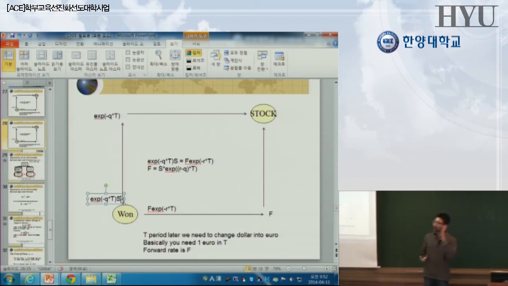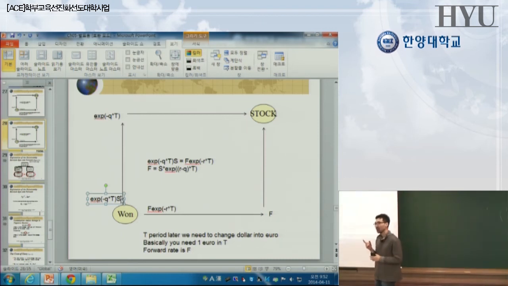Actually, this is a continuous payment of dividend, but we can think about more complicated dividends.